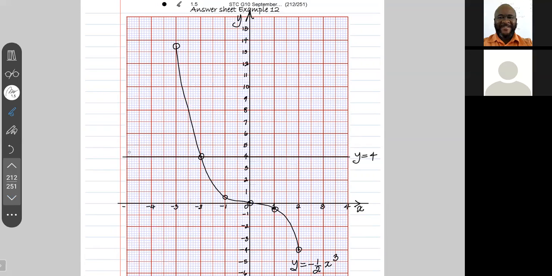Now, everything above this line is y greater than 4. Below this line, y is less than 4. We want the values of x for which y is less than 4. First of all, the two lines meet. Two lines meet here, in a different color, where x is equal to minus 2.